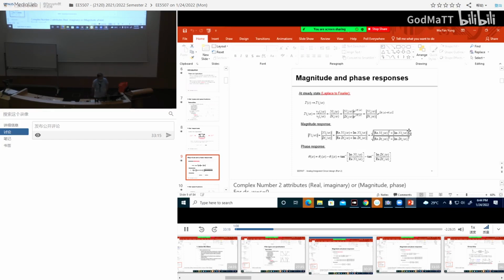And then the phase you can write also: the phase is the inverse tangent of the imaginary over the real. So you have a real part and an imaginary part. This is the vector. This length is the magnitude, and the phase is this angle here.